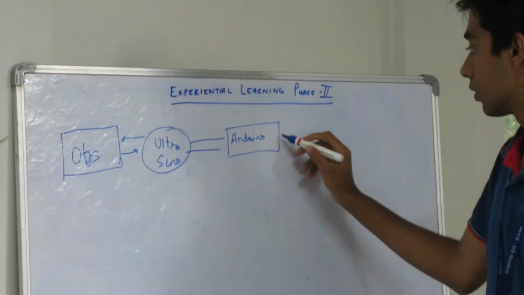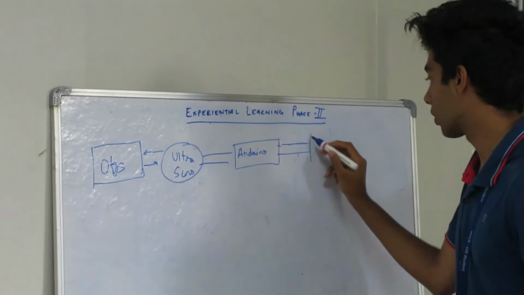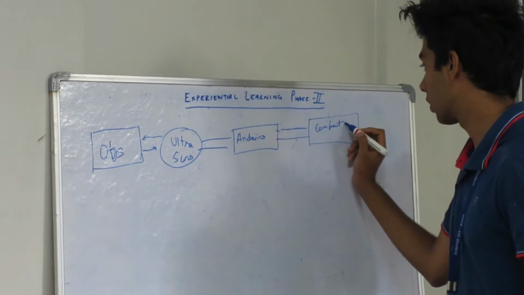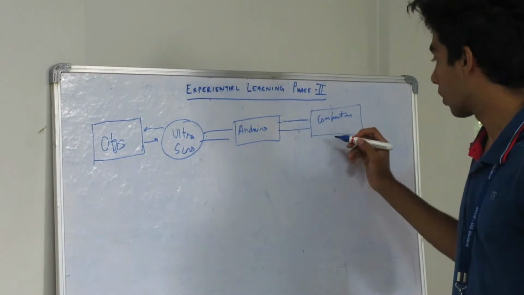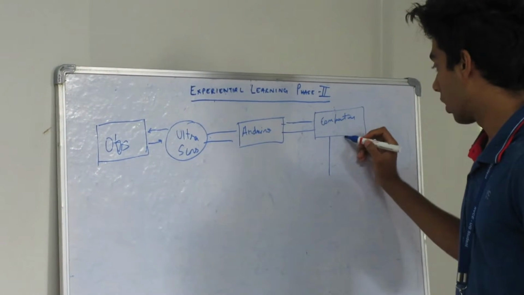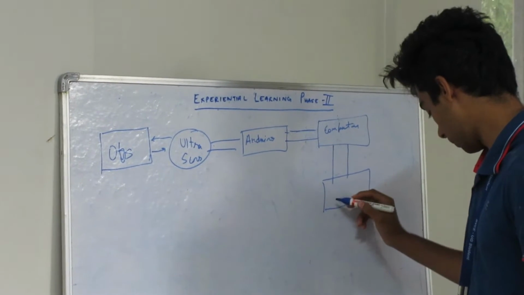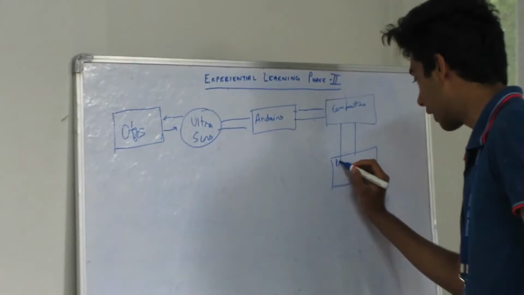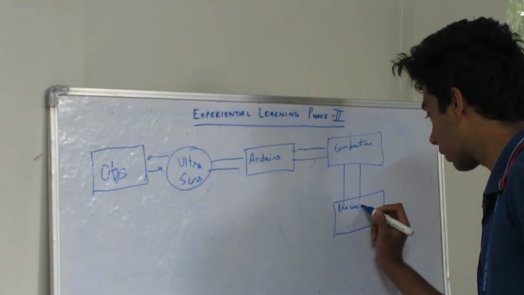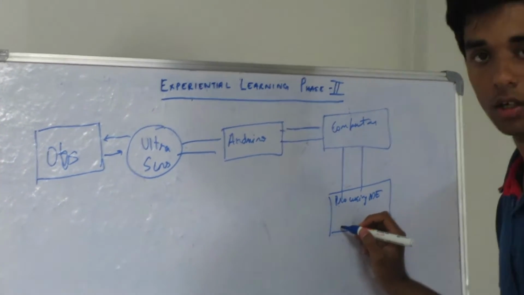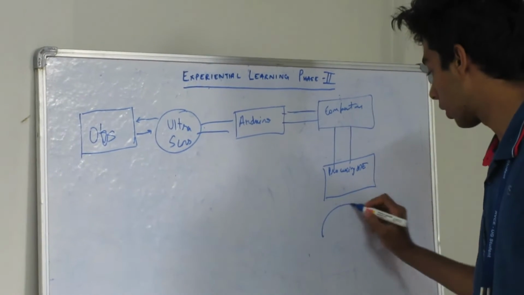Now the Arduino sends this data to the computer, and the computer processes this and sends it to a processing IDE, which outputs the given data on a radar.